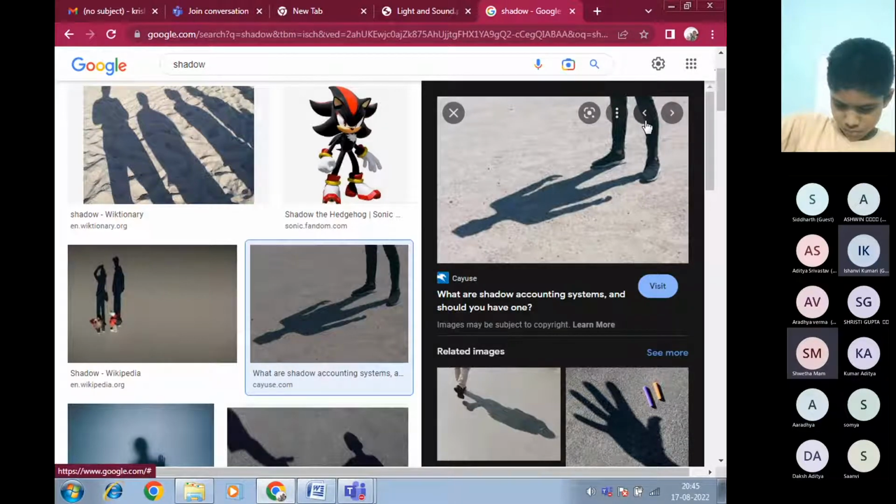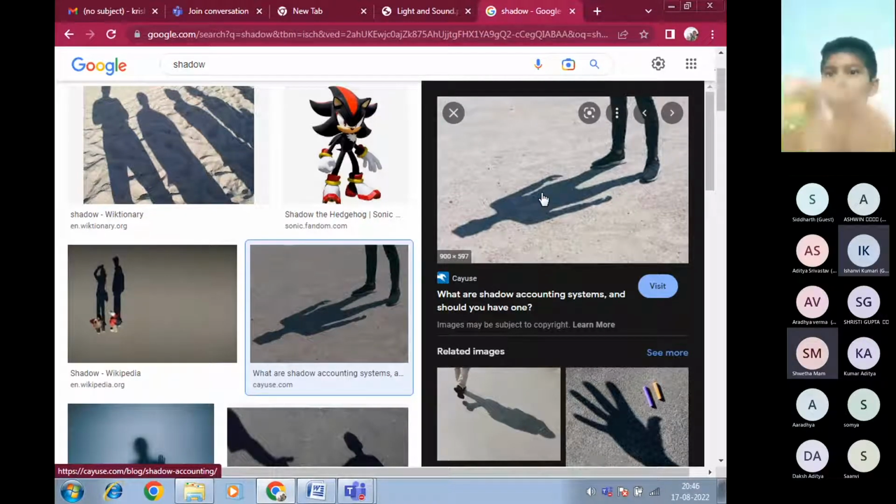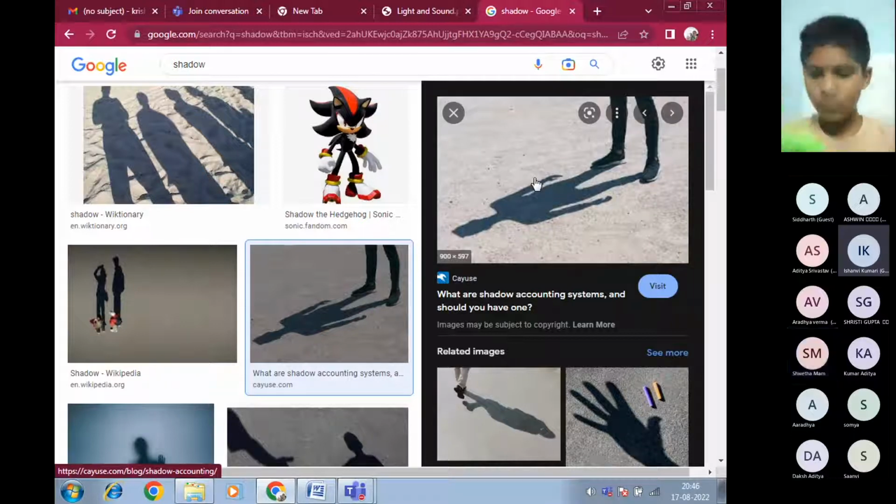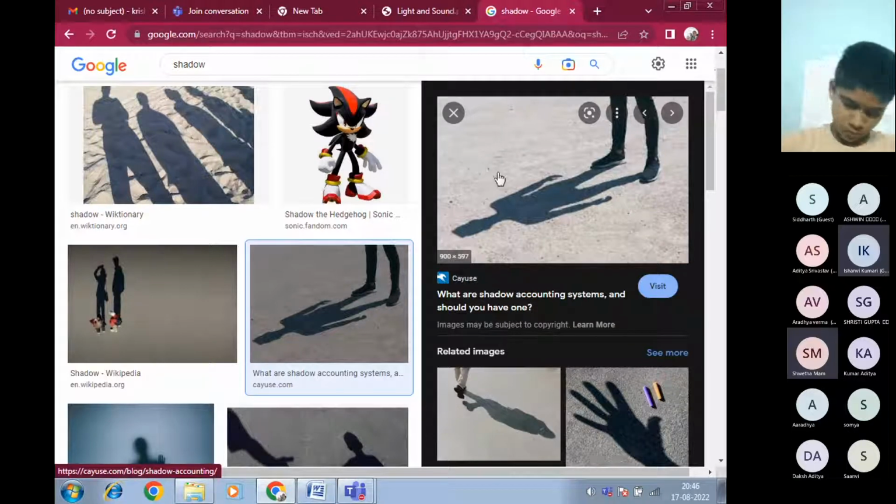Is it right? Yes, ma'am. We are all opaque objects. So a shadow is formed when the opaque object comes between the source of light and the screen. You are able to see this shadow, and this is the screen. Screen means the surface on which you are able to see something.